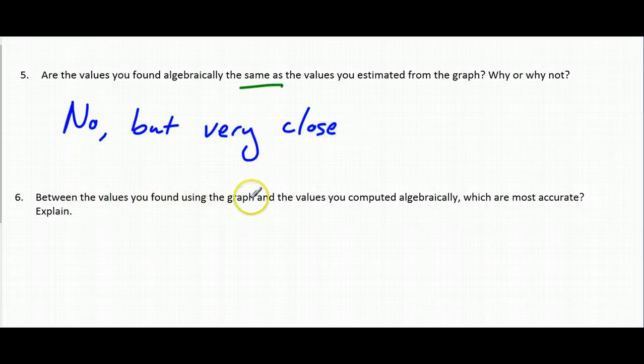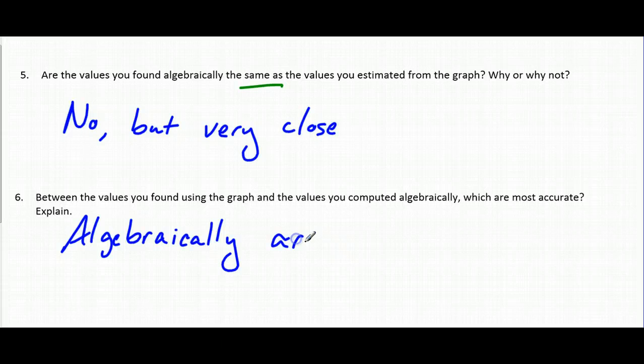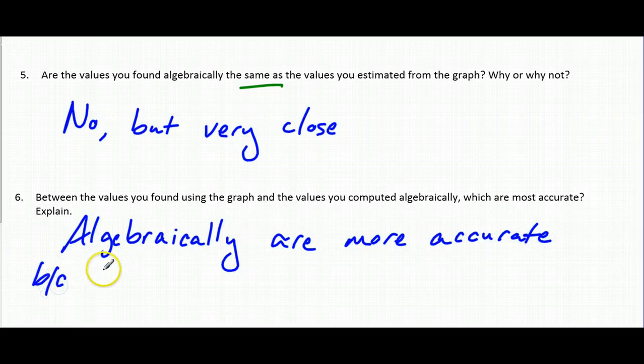Between the values you found using the graph and the values you computed algebraically, which are most accurate? Explain. Clearly the ones that we calculated algebraically are more accurate, because the graph is more of a guess.